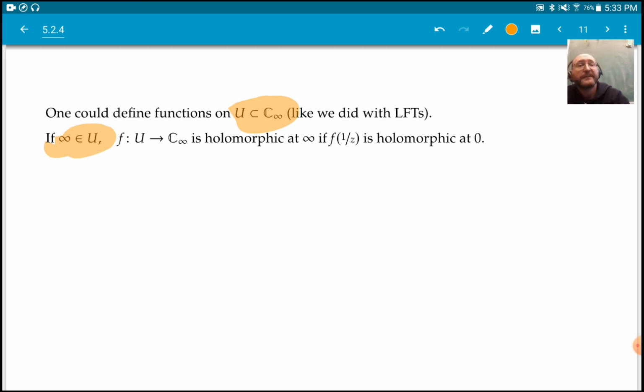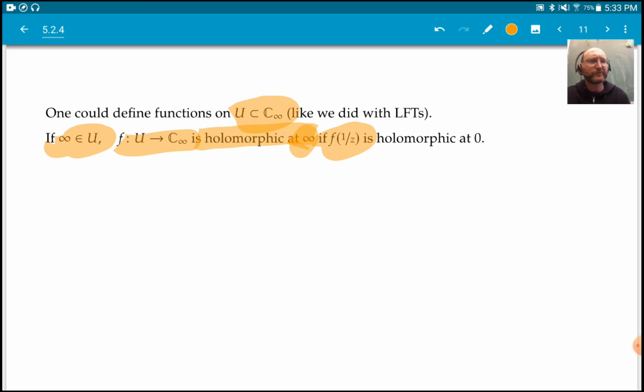If infinity is in U, then we'll say that f is holomorphic at infinity if f of 1 over z is holomorphic at 0, so in some neighborhood of 0 it's a holomorphic function. That's what we mean by being holomorphic at infinity.